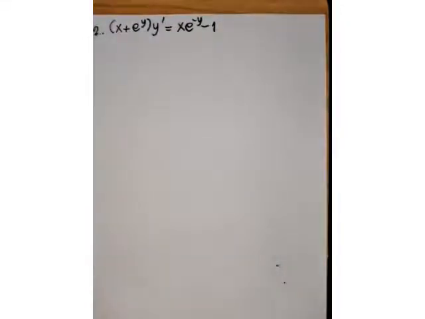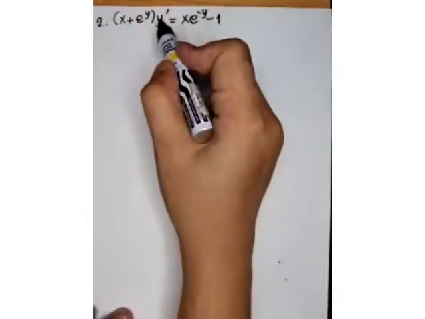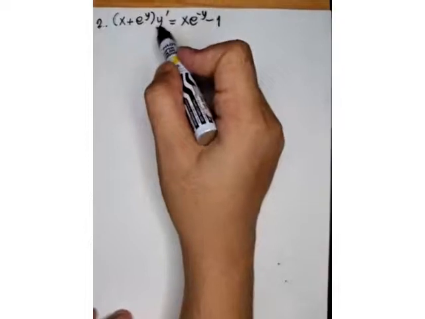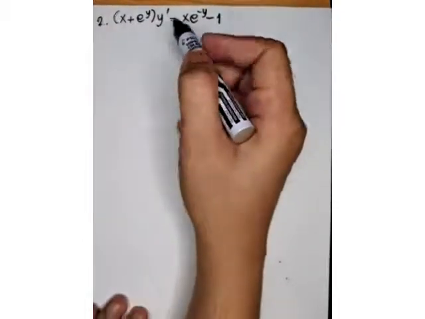But before we can test it for exactness, we need to transform it first into the standard form. Okay? Yung standard form natin, yung M dx plus N dy. Ayan. So, ang gagawin natin, since may y prime, i-break din natin ito into dy over dx.